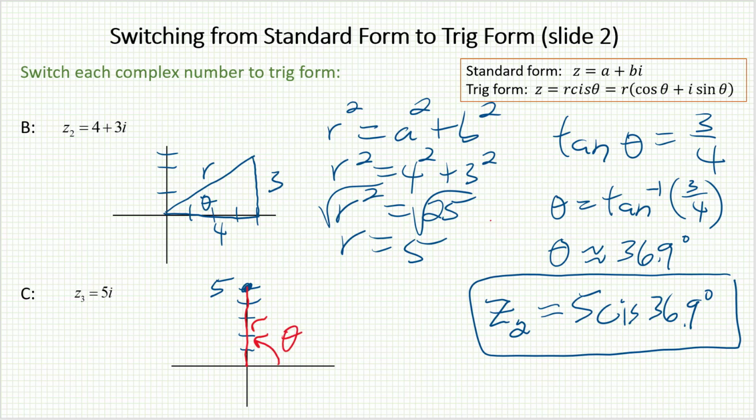I don't really need to work anything out. I can see very clearly that the r would be 5 spaces from the origin to the point. And the theta is obviously 90 degrees, or I'll work in radians this time and write down pi over 2, which means my complex form for this number in the abbreviated format would just be 5 cis pi over 2.